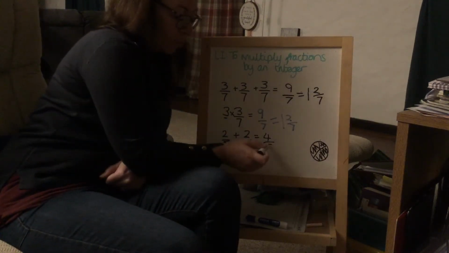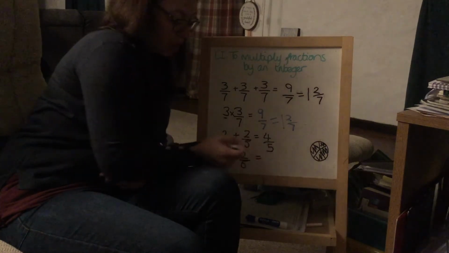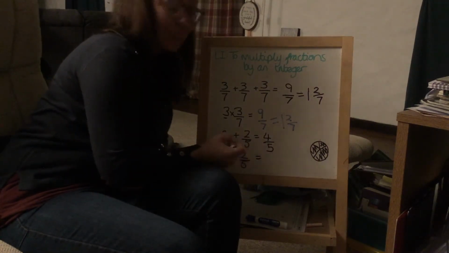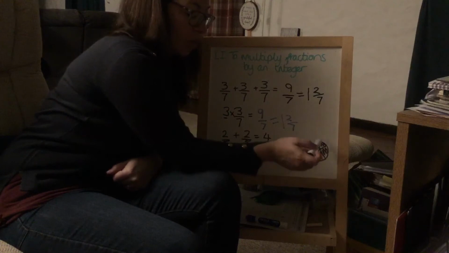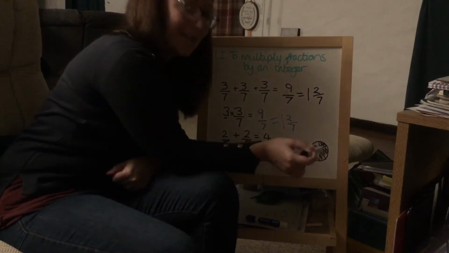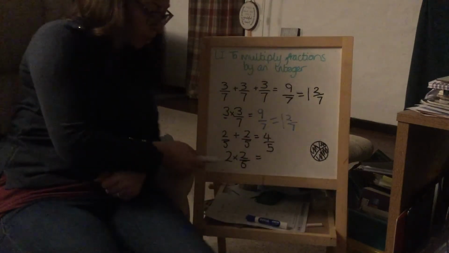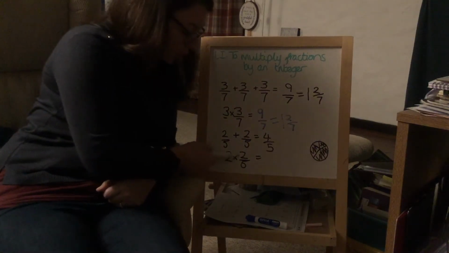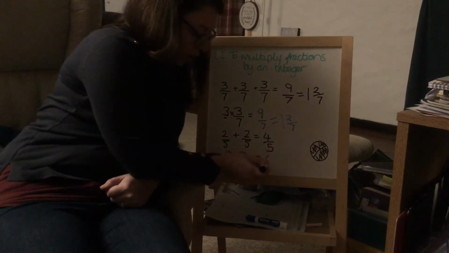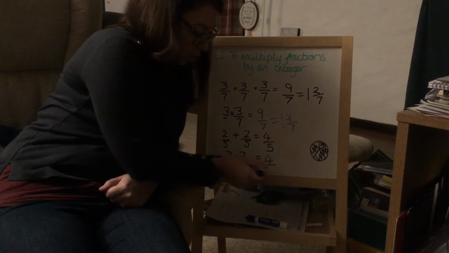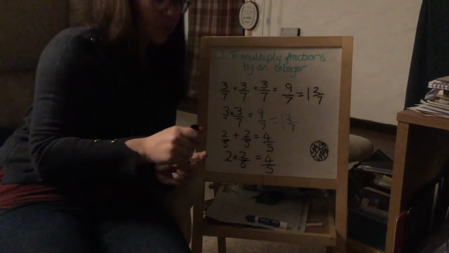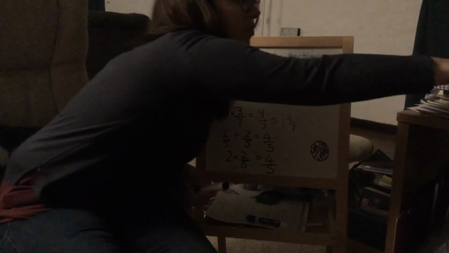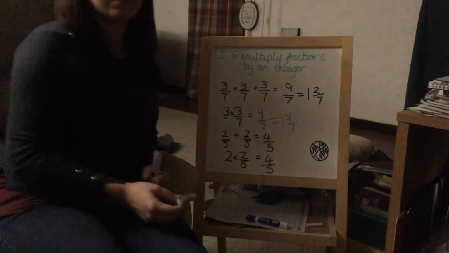We just have 4 of them now coloured in. So that's why our denominator stays the same. The number of pieces in our whole is still exactly the same. And at the bottom we have 2 times 2, which again gives us 4, and our denominator doesn't change. So largely it's the same as what you were doing yesterday.